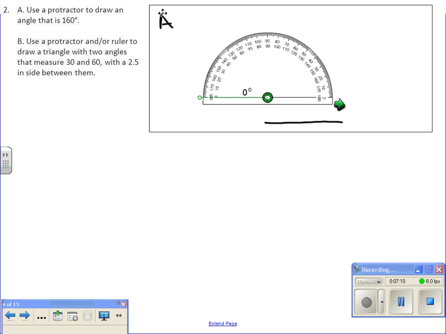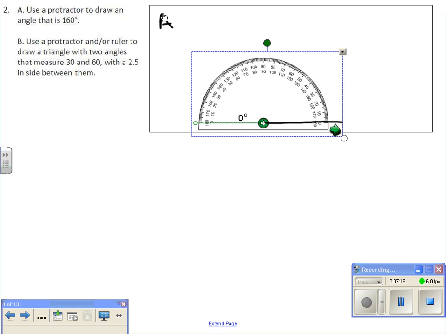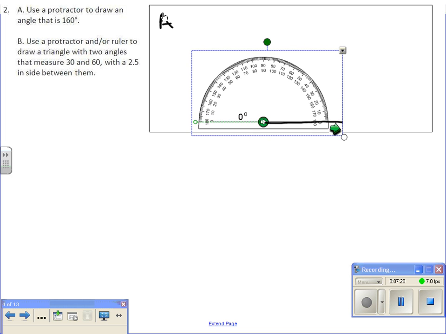So this is going to be my first part of my angle. Then I'm going to line my protractor up with that line. So it's going to look something like that. So yours are going to have the little holes in them. You want the hole to match up with the end of your line.